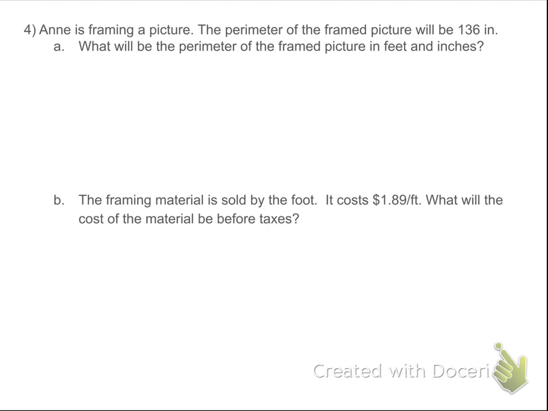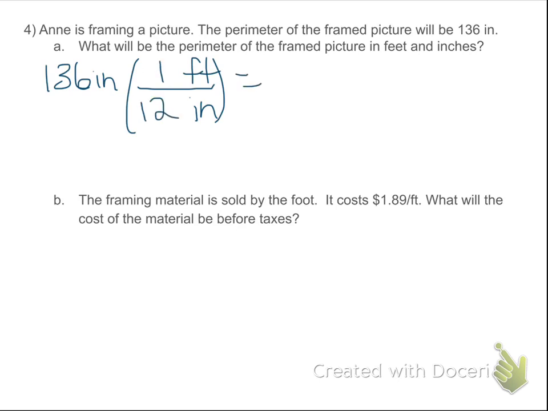So, we're going to start with 136 inches. We want to convert it to the biggest unit that we want. Inches cancels out, feet is the biggest unit, and 1 foot is 12 inches. You do the math there and you get 11.3 repeating feet. So we've got 11 complete feet. We need to figure out how many inches that 0.3 repeating feet is.